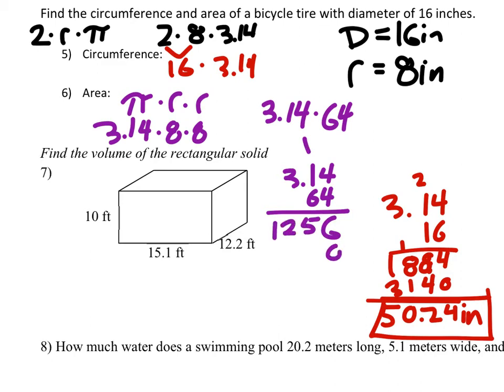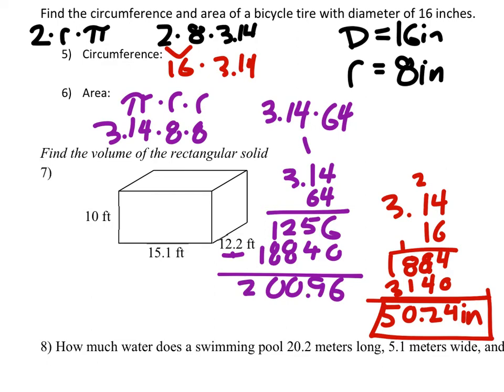Tens position, 24, 8, 8, and a 1. So when I add these, 6, 9, 10, 10, and 2. And with 2 decimal places, that gives me 200.96 cubic feet. Oh, that's square feet. What the heck? Because that's area.